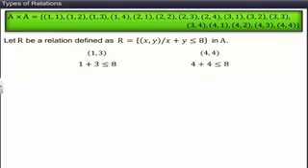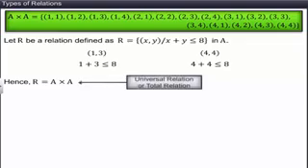Here, all the ordered pairs satisfy the condition that the sum of their elements is less than or equal to 8. Hence, we get a relation R that has all the ordered pairs present in A cross A. This type of relation is known as the universal relation or total relation.